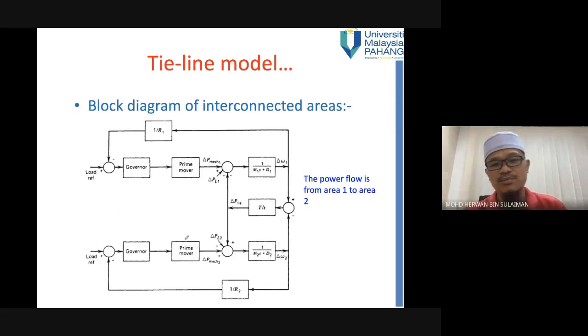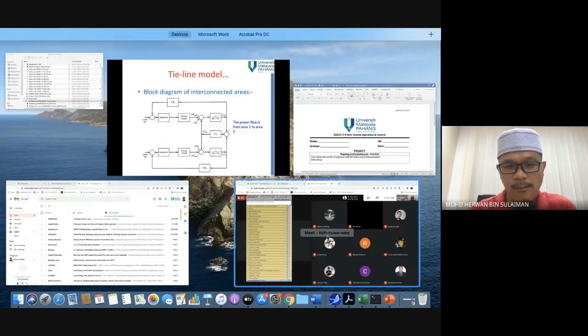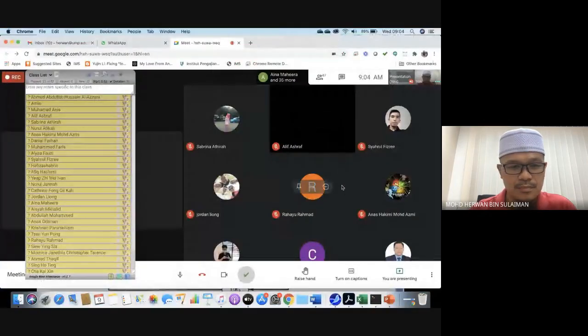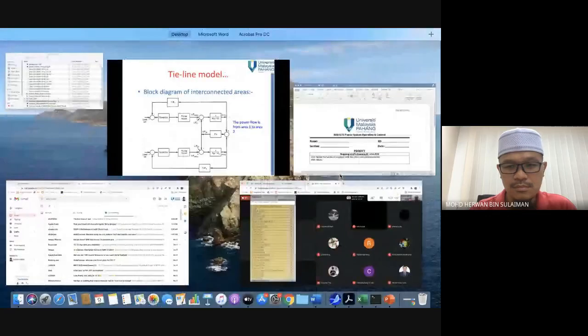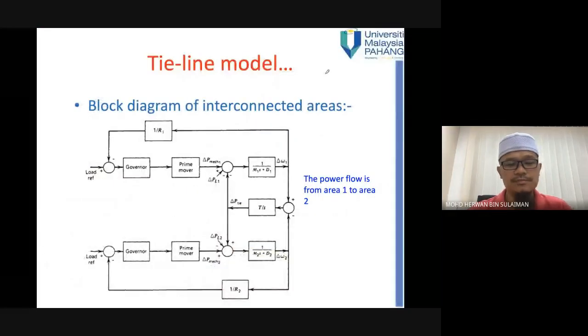So this is the block diagram of interconnected areas. So let's say we have two areas. Okay, the power flow is from area 1 to area 2. The index 1 indicates area 1, and 2 indicates area 2. I think the block diagram has been discussed in the video last time.